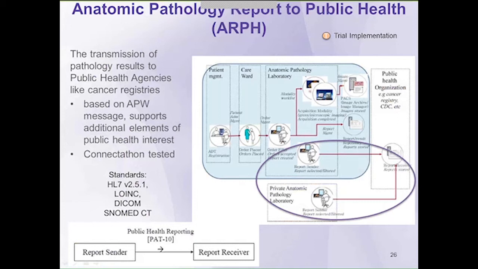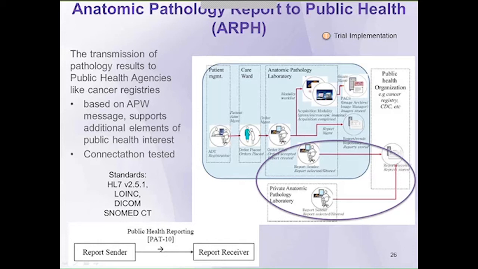This has been Connectathon tested utilizing standards HL7 2.5.1, LOINC, DICOM, instrument CT, using the transaction PAT-10, public health reporting, to go from the sender to the receiver. There's a depiction there of that part of the process.